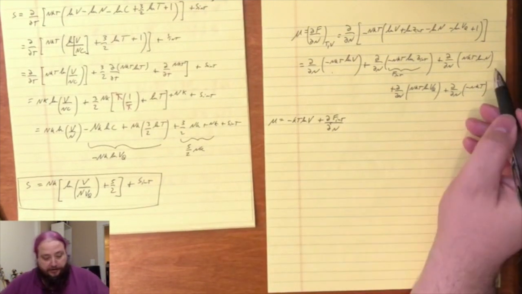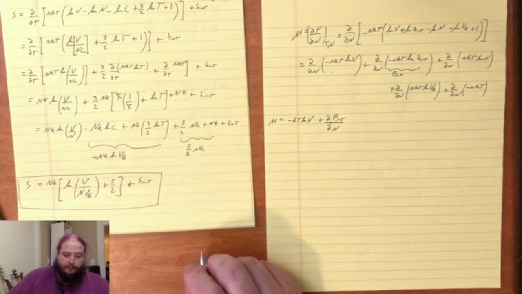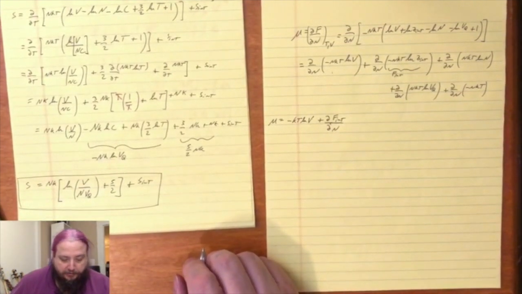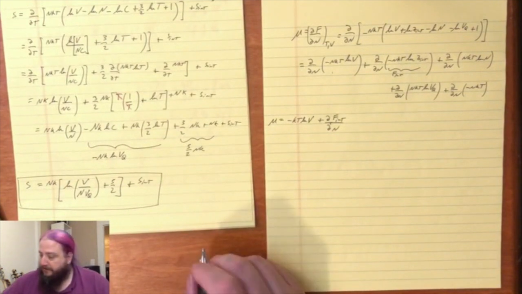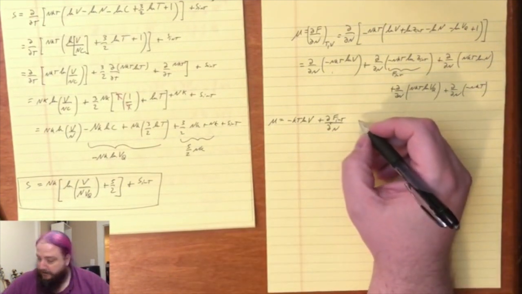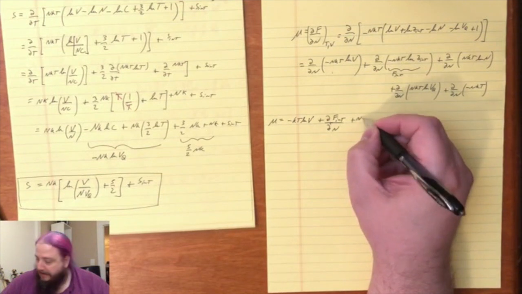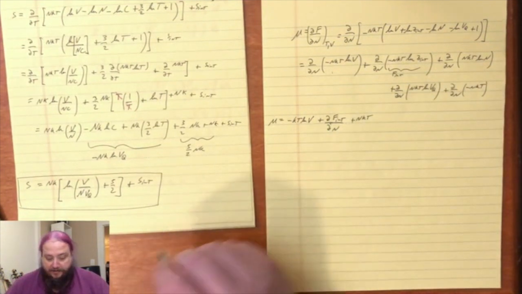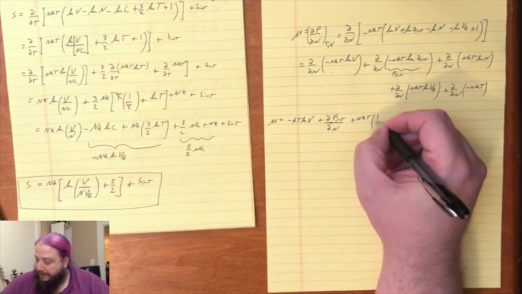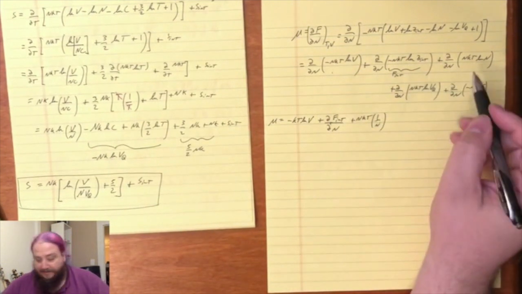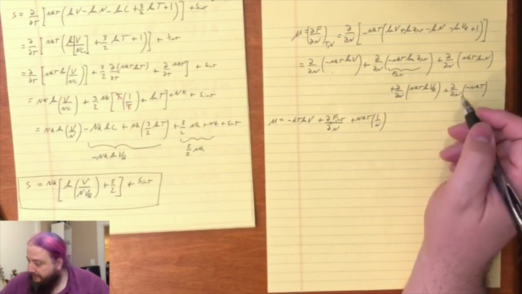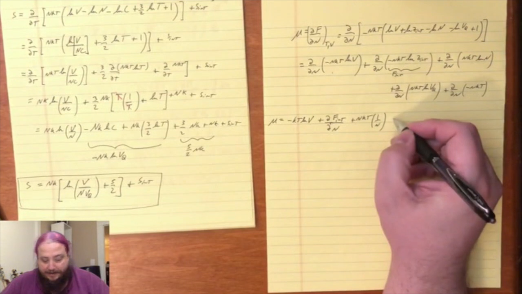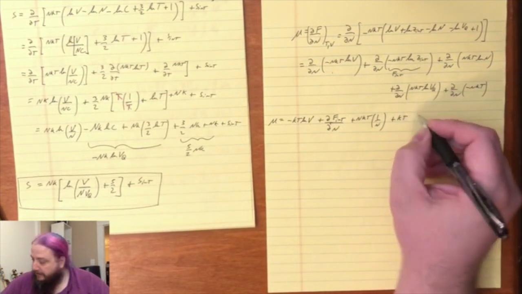This third term, we're going to have to use the product rule here. So this gives us nkt, this first times the derivative of the second there, which is just 1 over n, plus the second, log n, times the derivative of the first, which is just going to be kt log n.